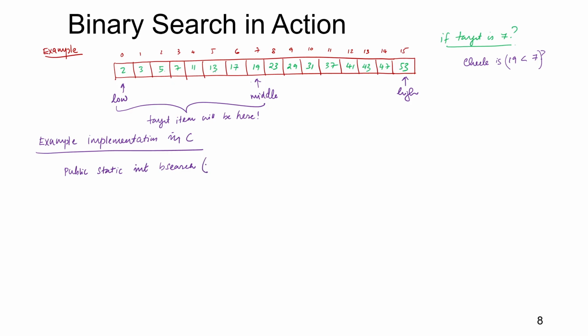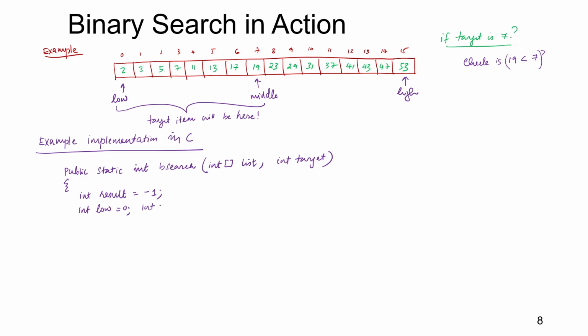It takes an int array called list, comma, int target. You are sending the target to it. Then you can say int result equal to -1. Then int low equals 0.